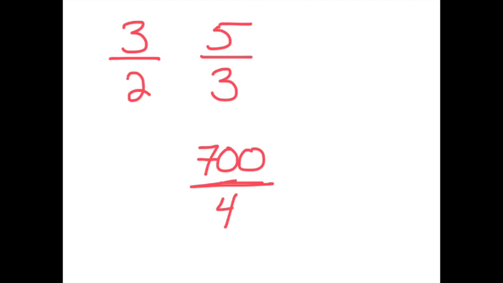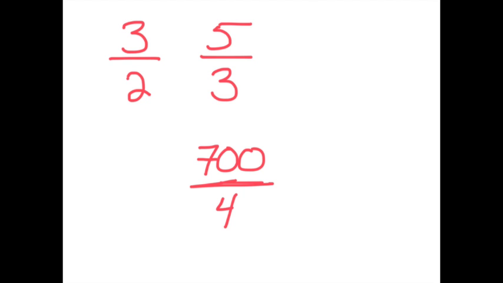These are examples of improper fractions where the numerator, the number on top, there, and there, is larger than the number on the bottom. So here, here, and here. So these are improper fractions.